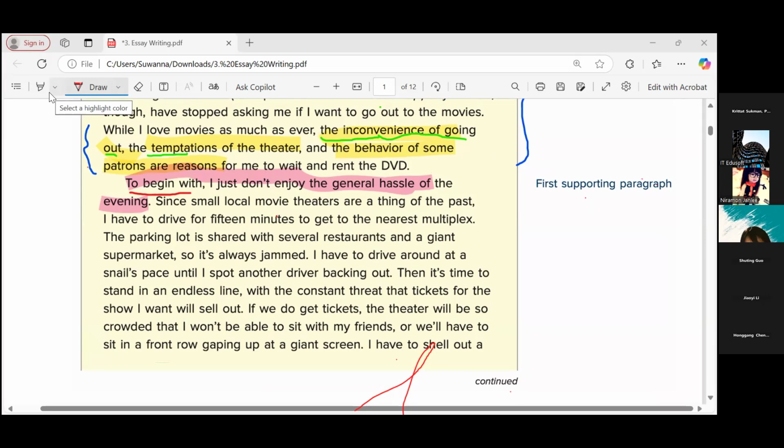I hope you still remember what we discussed last time. So can you remember? Driving 15 minutes, having to drive 15 minutes. This is the first detail. And then can you draw it for me?